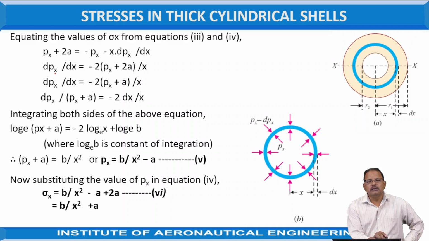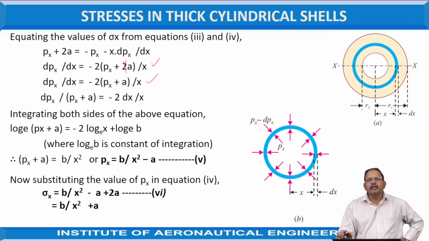From this relation, dpx divided by dx is equal to, when we take the terms to the right side, minus 2 times, taking common, px plus a, divided by x.